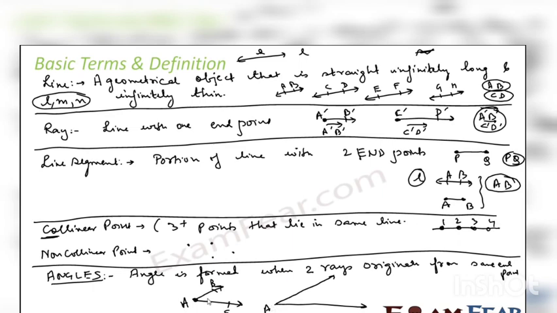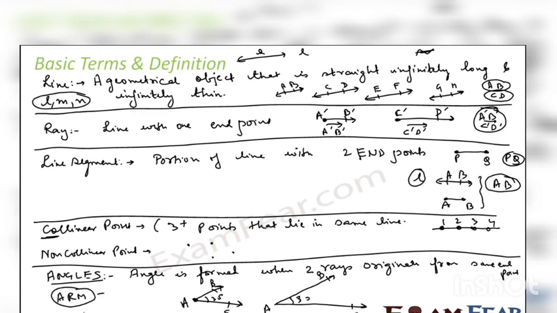If the angle is the same, let's suppose this is 30 degrees, both are the same because I am not bothered about the length of AB or AC. What I am bothered about is this angle. And these two, AB and AC, are called arms. This is called an arm.